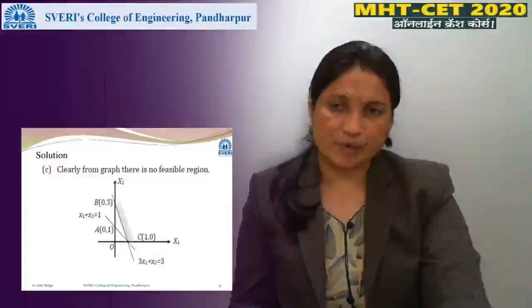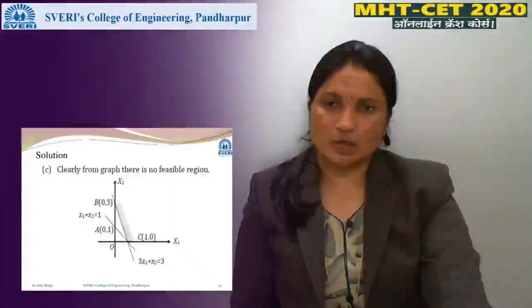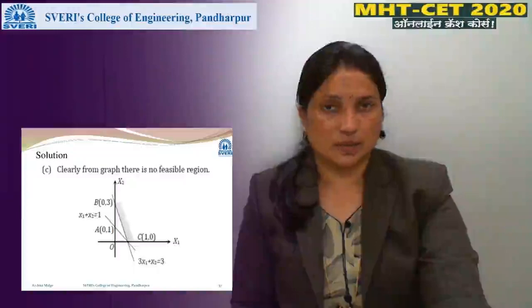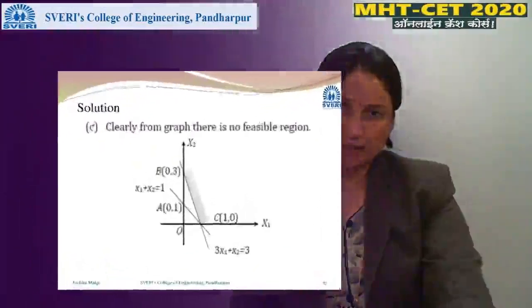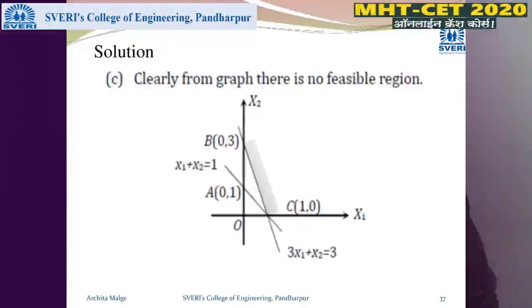What are the vertex points? A is (0, 1), C is (1, 0), B is (0, 3). So we can see here there is no area which is feasible. So there is no feasible region.